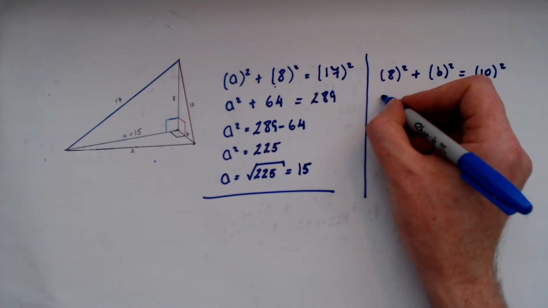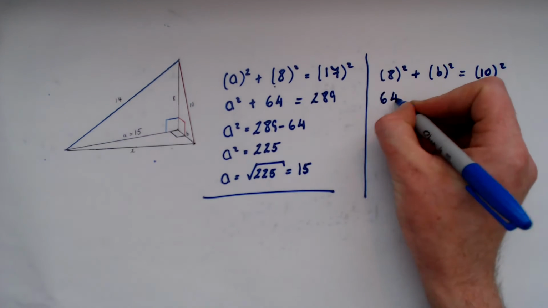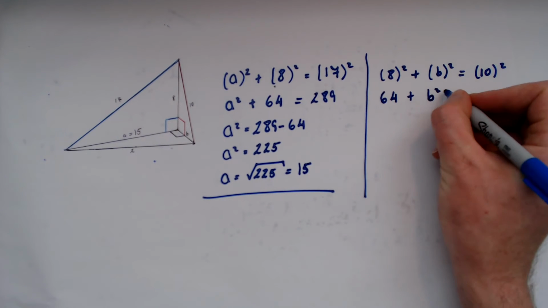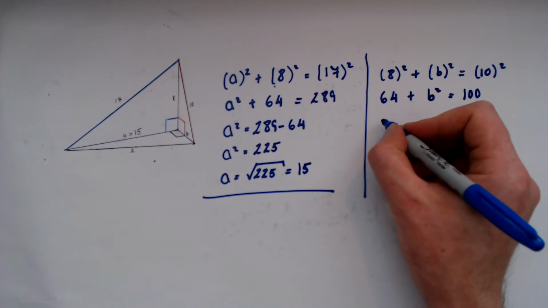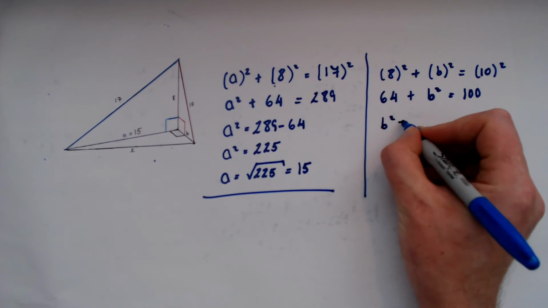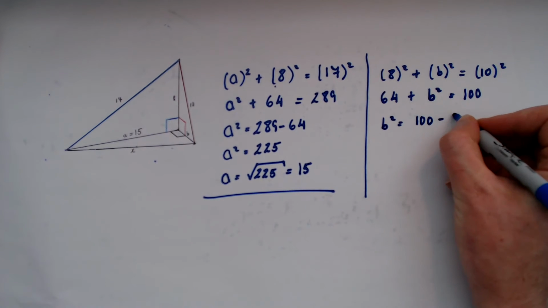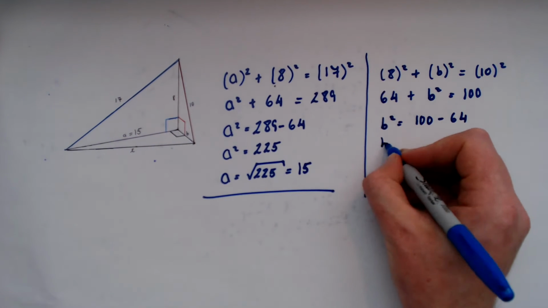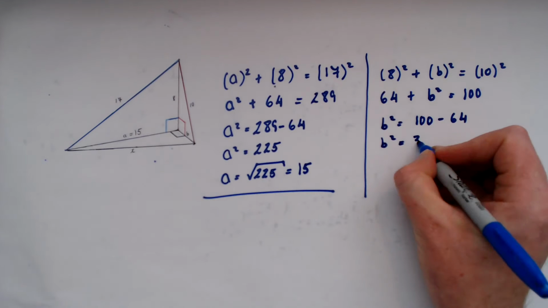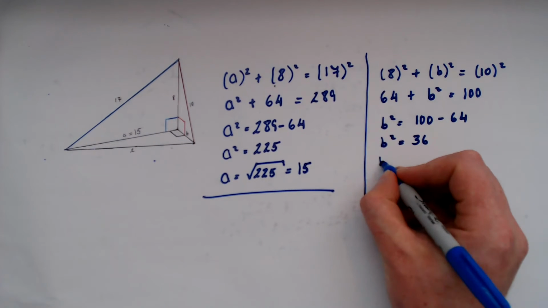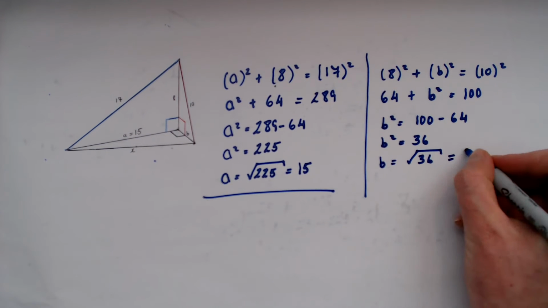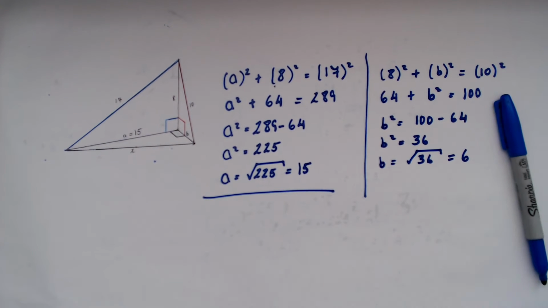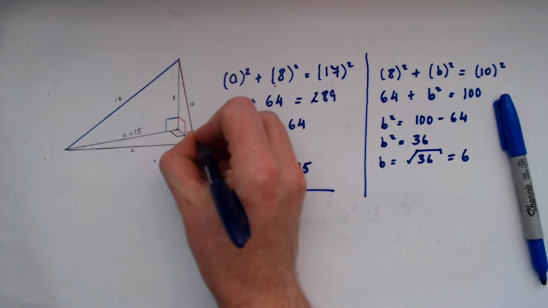If I multiply this out, 8 squared is 64, plus B squared is equal to 100. Subtracting 64 to the other side, B squared is equal to 100 minus 64. Therefore, B squared is equal to 36. B is therefore the square root of 36, which is 6. I have that B is equal to 6.